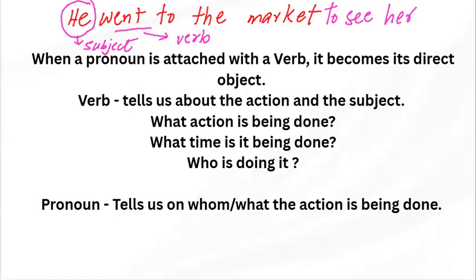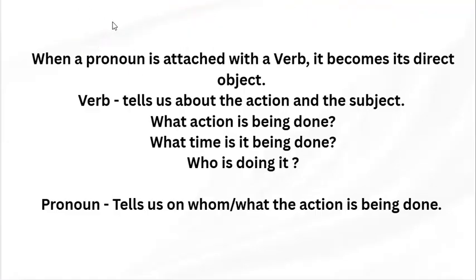Now, let me give you another, much simpler example. She ate. Can you tell me who did the action of eating? You right away know it's one person and it's a female. So the she is my subject. But what did she eat? She ate an apple.